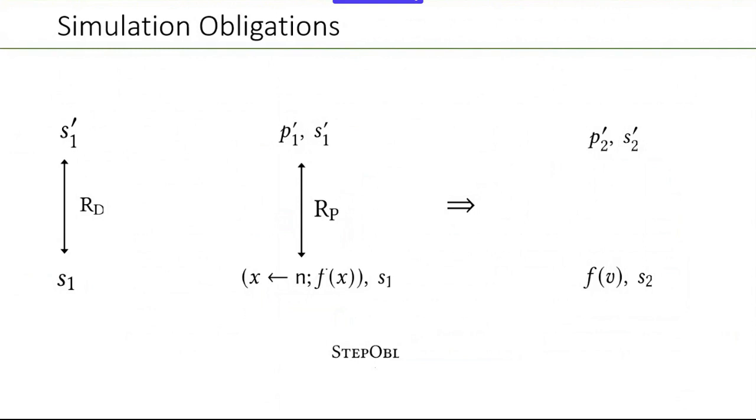We have 5 obligations. For example, this is a good slide, for stepping. If we step, what sort of properties do we have to have? We have to be able to step in the abstract too. Certain relations have to be kept. So there are separate obligations, 5 obligations. Each one of those is broken into smaller assertions to be proved, and we can automate those. We didn't do that, but I think there is a possibility to capture that.